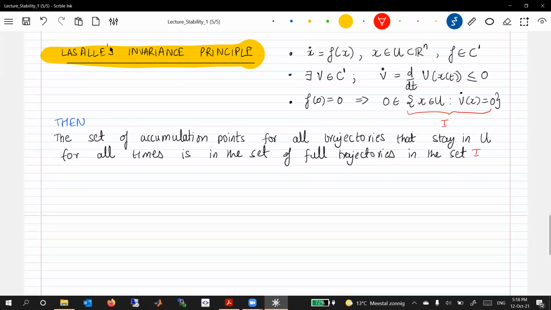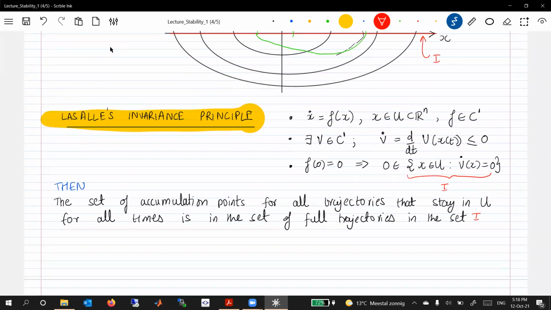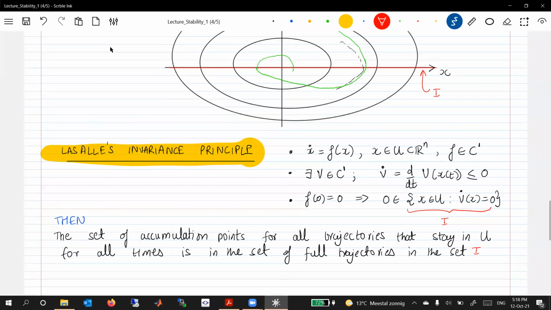Right? So what does this mean? What are the set of full trajectories? What it tells us is that if there is a set over which we can define a function, there's a tall requirement. Not all systems have this, but in this case, the damped pendulum, we do have such a candidate function, which is the energy, which is continuous, and also it is non-positive.